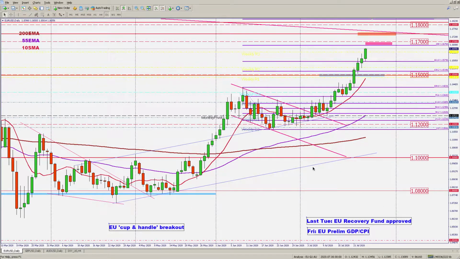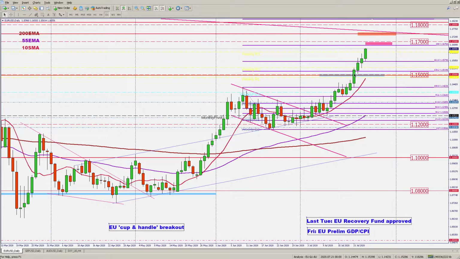All right, so last week there was a breakthrough in the EU Economic Summit, which was supposed to be concluded last Saturday, a 2-day summit, but extended over to 5 days, and finally completed and finalized on Tuesday with the recovery fund of 750 billion euros finally approved by all members.